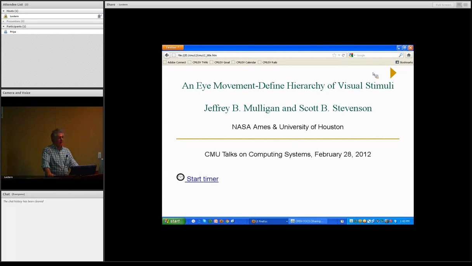Jeffrey Mulligan is a neighbor of ours here at Carnegie Mellon. He's in the Human Systems Integration Division at NASA Ames next door. His work is focused on the development of video-based eye tracking systems and the application of these to applied problems such as operator state assessment and interface design, which I think we'll learn more about.